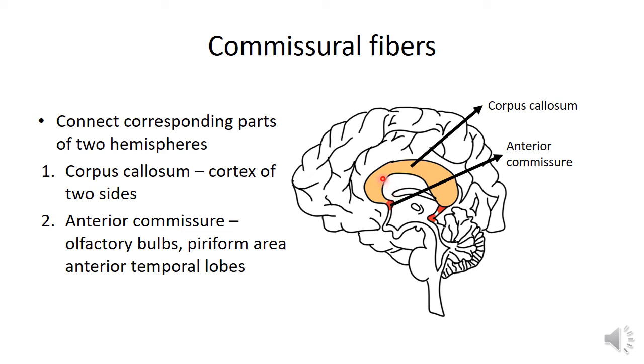The corpus callosum connects one cortex to the other, and the anterior commissure connects the olfactory bulb, piriform area and anterior temporal lobe of one hemisphere to the other hemisphere.